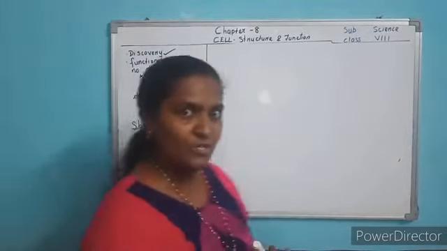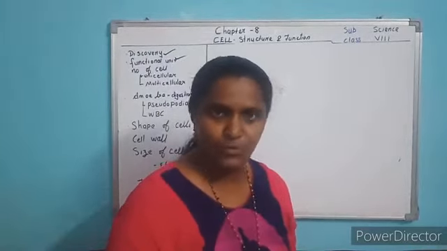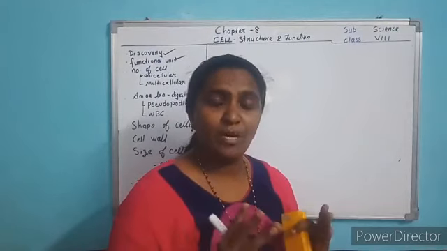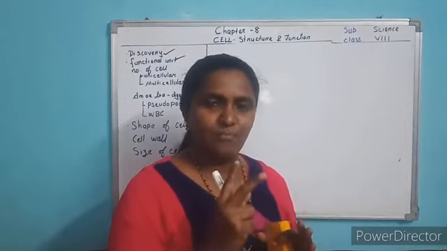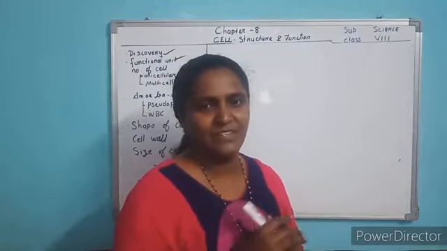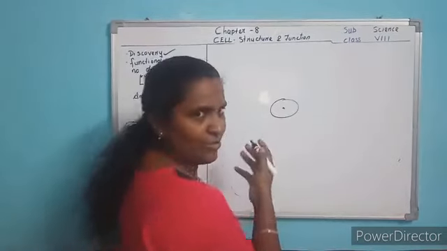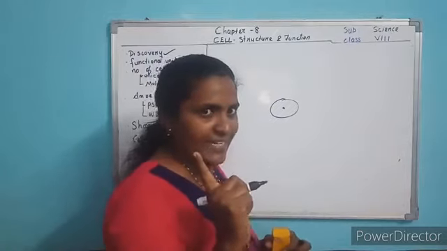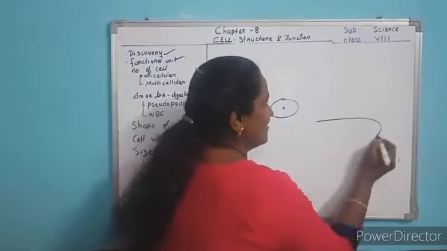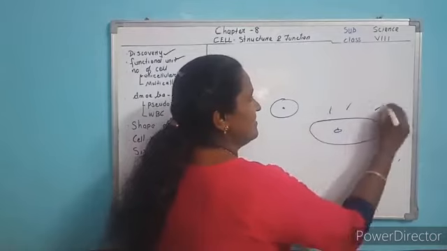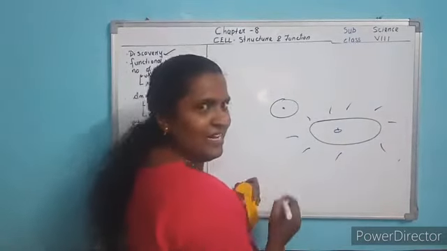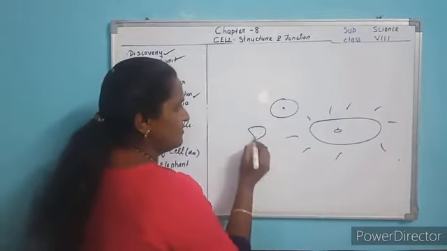Do you feel all cell shapes are the same? No. Depending upon the function, the shape of the cell also varies. For example, red blood cell is round in shape. I told you WBC varies. Bacteria has one cell. So this is a bacteria cell. And a sperm cell, you know.